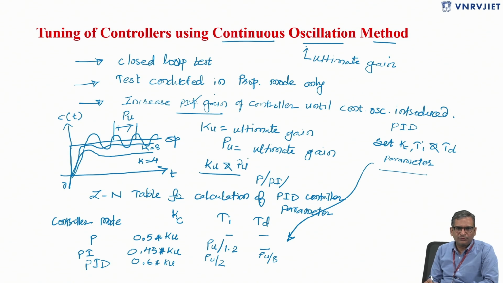From process to process, the Ku as well as Pu values will be different. Once we know the Ku, Pu values for a given process, we can substitute them in the Ziegler-Nichols table and find the PID controller parameters.